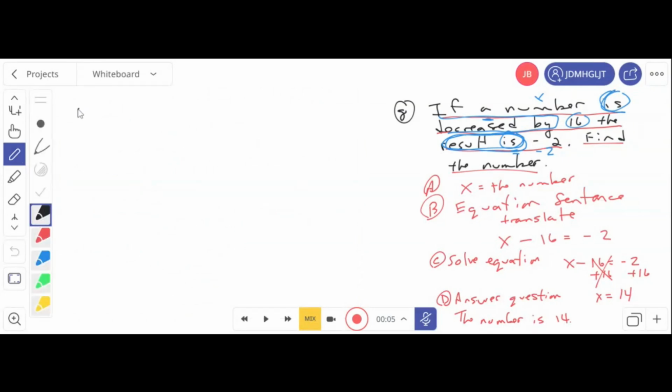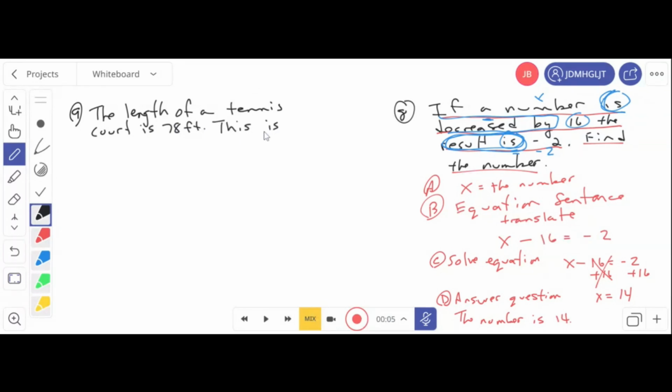Number 9, we start to get a little bit more complicated. This says the length of a tennis court is 78 feet.